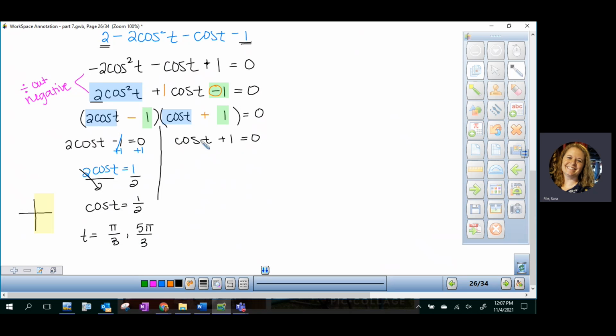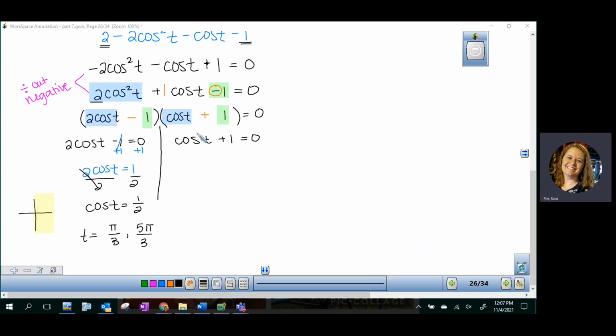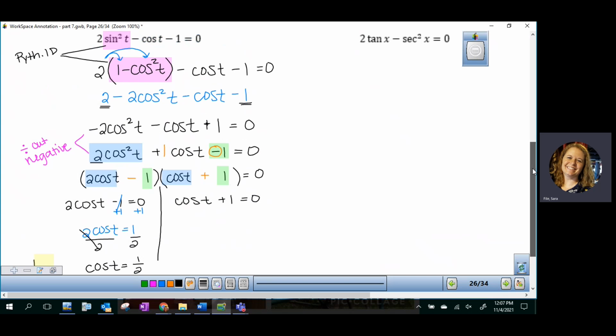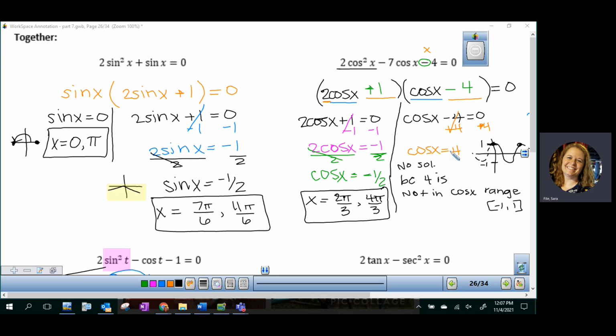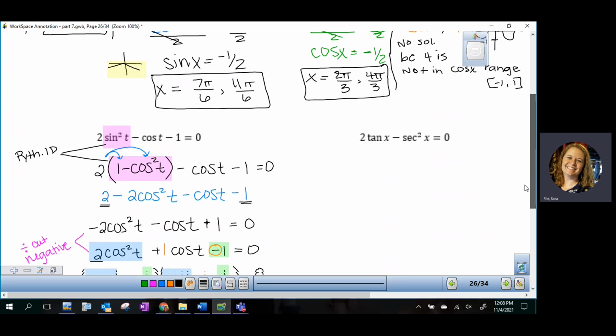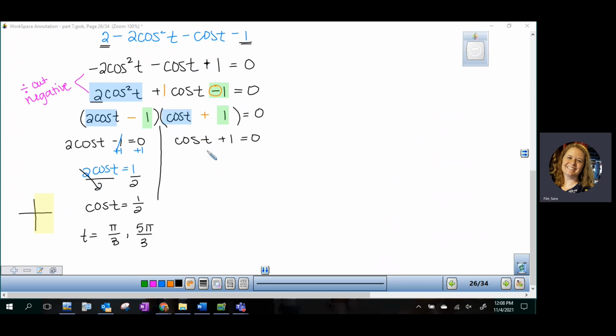Now let's see if there's any solutions from this factor. Remember, not every factor will give a solution every time. Remember yesterday when we did this one and this factor, that could not equal 4. No solution because 4 was outside of cosine's range. Okay, so we have to check and see, is there another solution or not? So I'm going to subtract the 1 over.